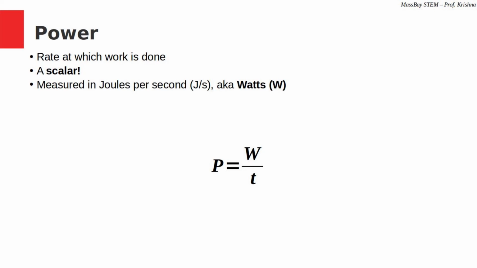But again, it's a little inconvenient to keep saying joules per second, so we'll call the unit of power by another name, the watt. 1 watt is 1 joule of work performed every second. Be careful not to confuse the symbol for watts with the symbol for work. If you switch on a 50-watt light bulb, it is performing 50 joules of work every second.